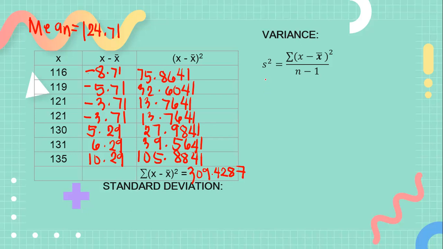So our variance, s squared, is equal to the summation of the quantity x minus the mean squared, divided by n minus 1.